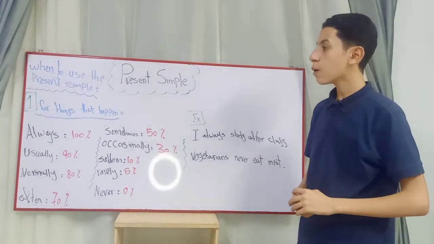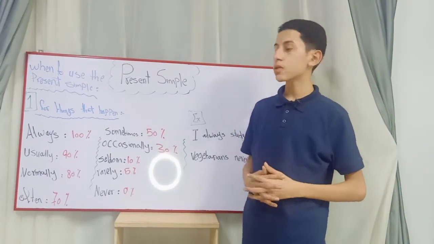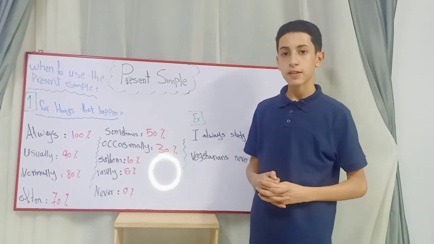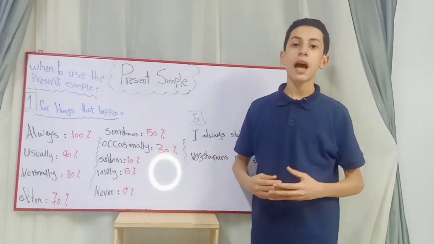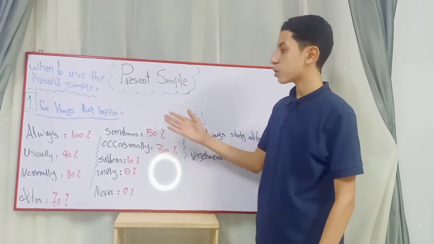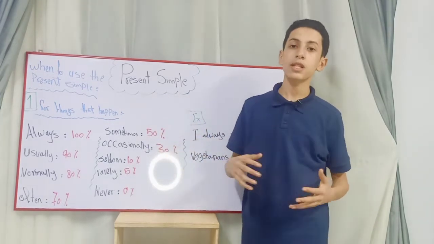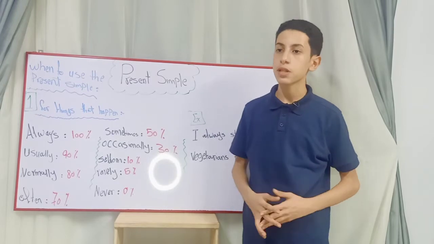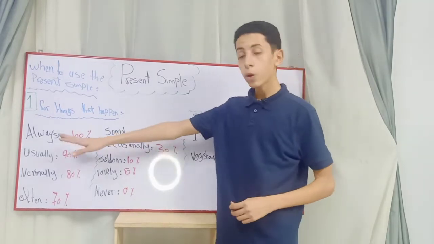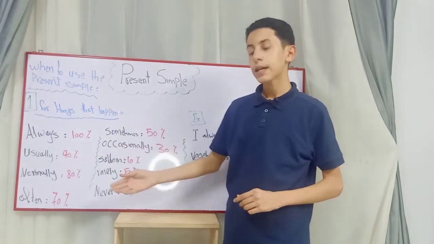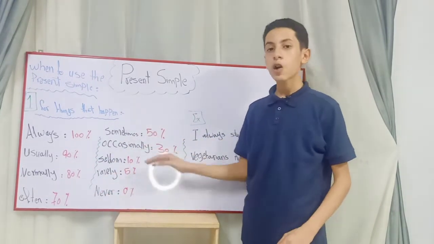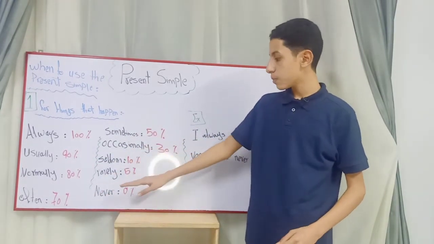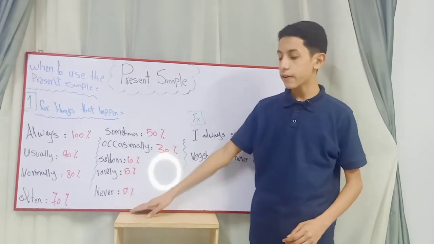Okay, so now let's see when to use the present simple tense. The first use is for things that happen regularly, and in this use we use the adverbs of frequency, which are always, usually, normally, often, sometimes, occasionally, seldom, rarely, and never.